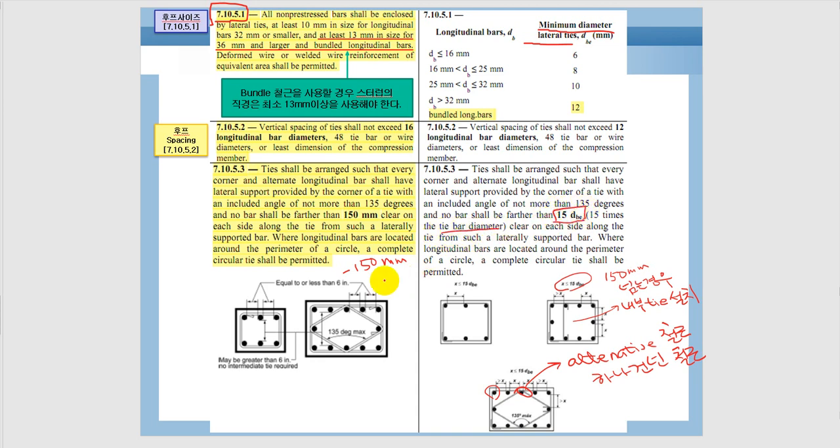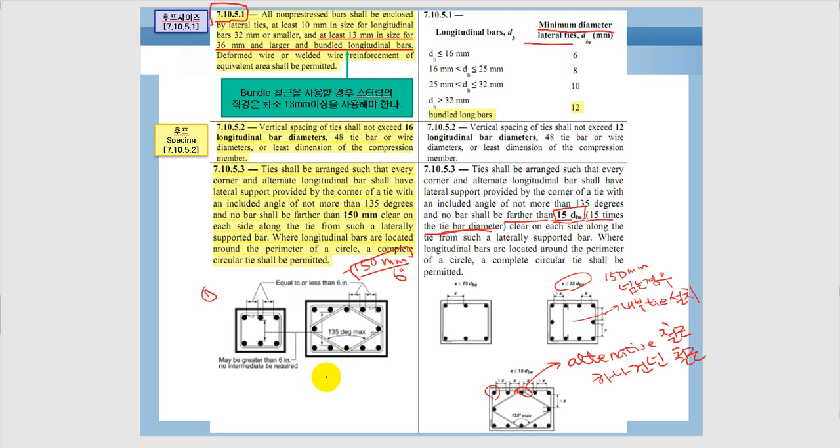But the code says only 150 millimeter or 6 inches. You could still remember that it can be farther than 15 d_b, which is 15 times the tie bar diameter. So this is the first requirement of 7.10.5.3. The clear spacing of vertical bars should be equal to or less than this.